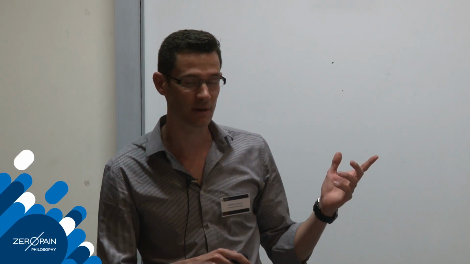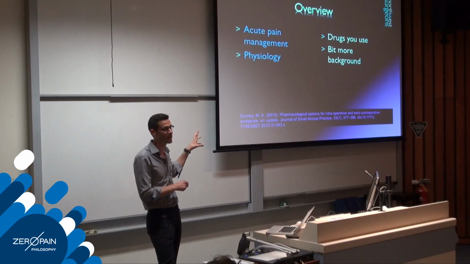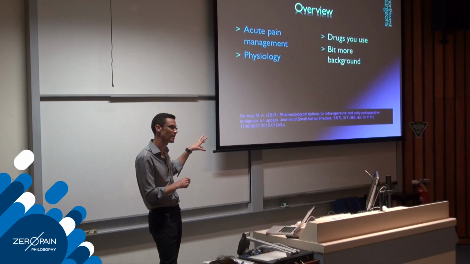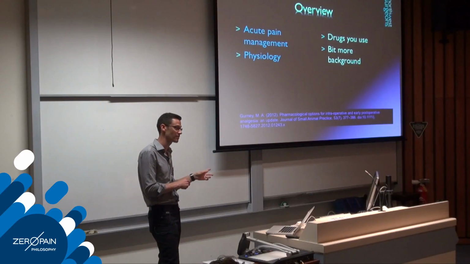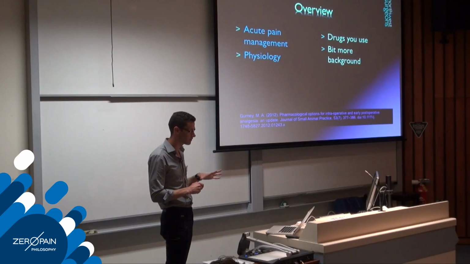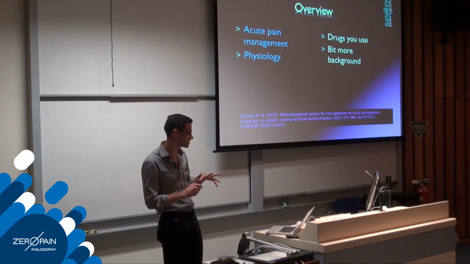So as far as acute pain management goes, that's the most up-to-date thing there is. If you're interested in chronic pain, actually, that article was paired. I didn't write it, it was some colleagues. It was paired and commissioned together with a chronic pain review, and that's also in the Journal of Small Animal Practice. I think it was published this January, so I always get a lot of questions about chronic pain. It's one of my areas of interest, so that's a pretty good up-to-date review.